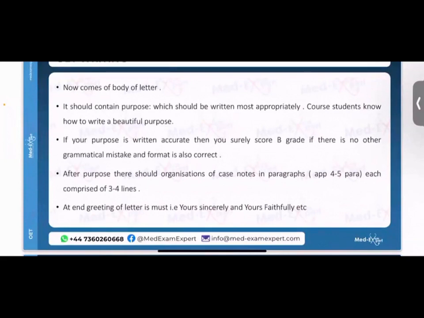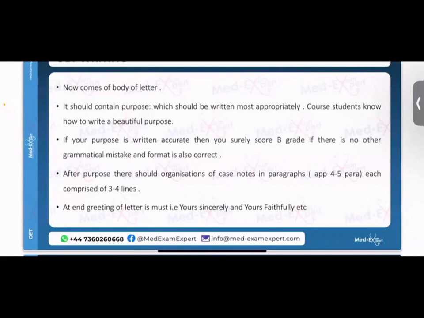After the purpose, there should be organization of case notes in paragraphs, and approximately 4 or 5 paragraphs are sufficient, and each paragraph must have 3 to 4 lines. So this is exactly the answer about word count range, because a lot of students ask how we can keep our word count in the normal range.